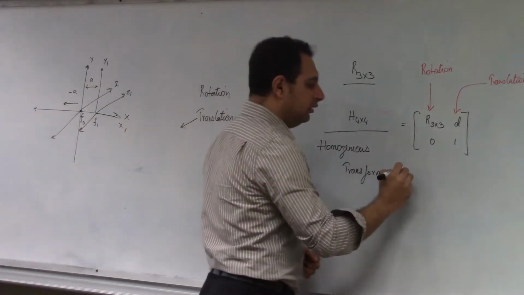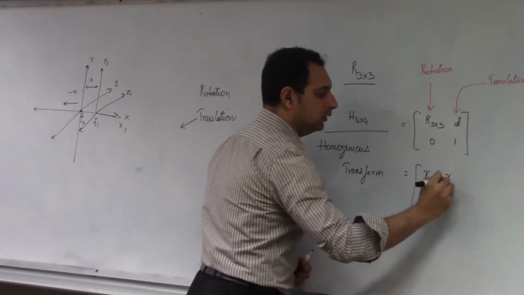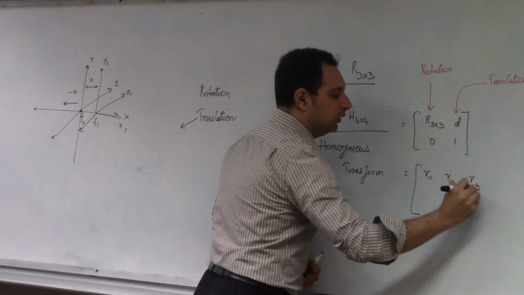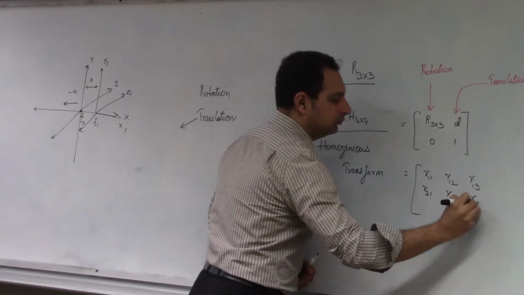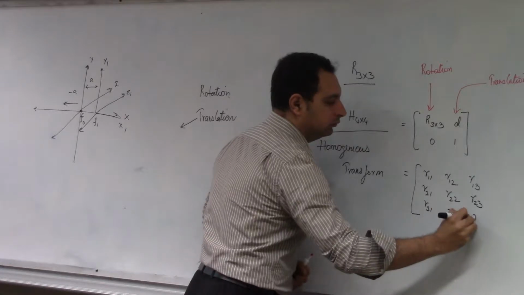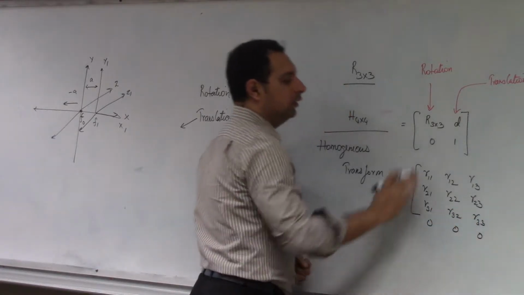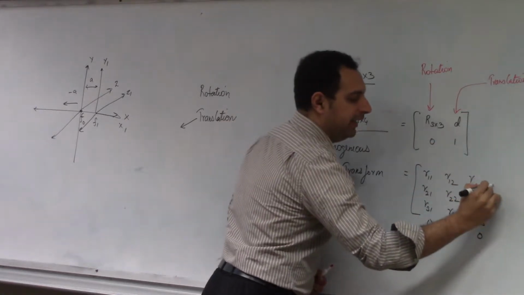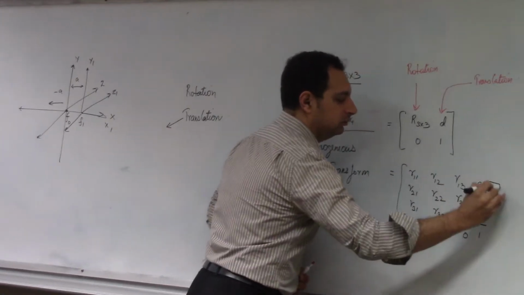So for example, R3 by 3 will be like this, R11, R12, R13, and so on, with zero, zero, zero here. D will be X, Y, Z, whatever translation you have, and 1.